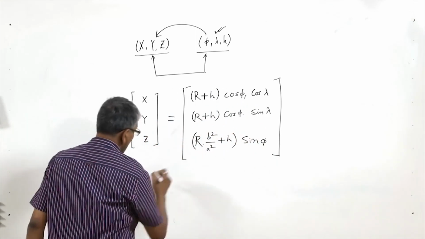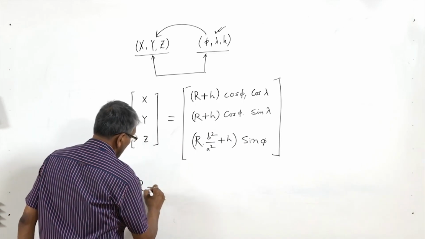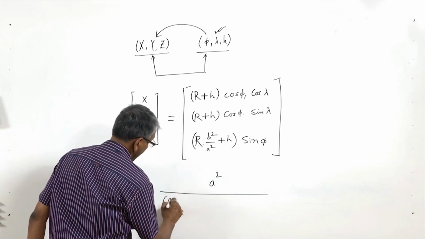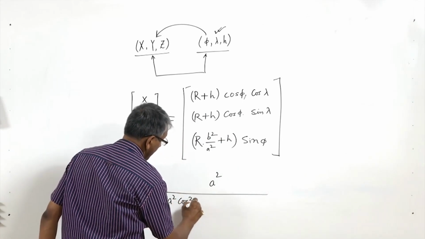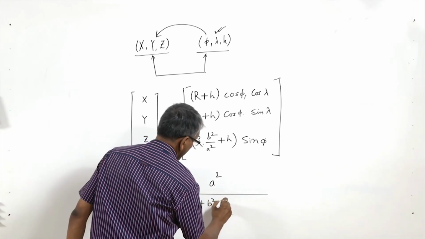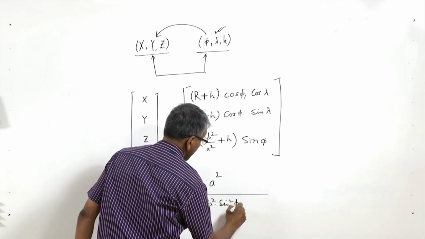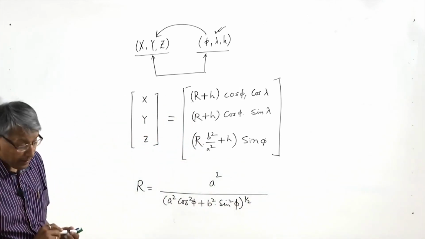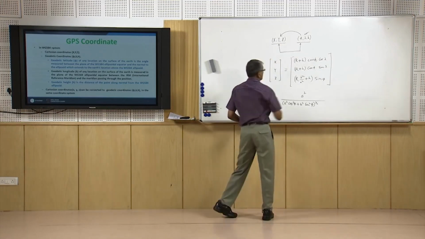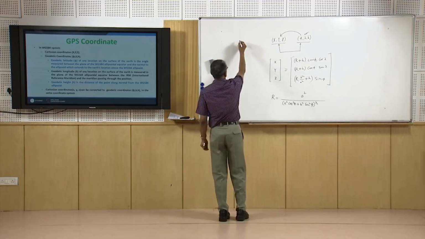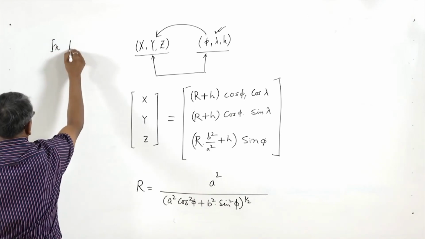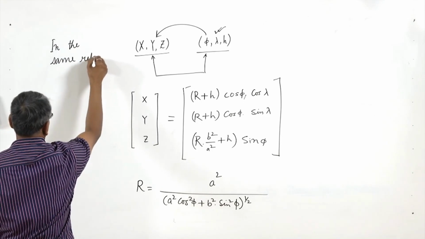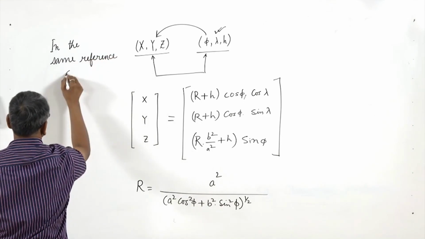In this case the value of r is found using this relation. One thing we have to remember is that this conversion has to be done in the same reference system.